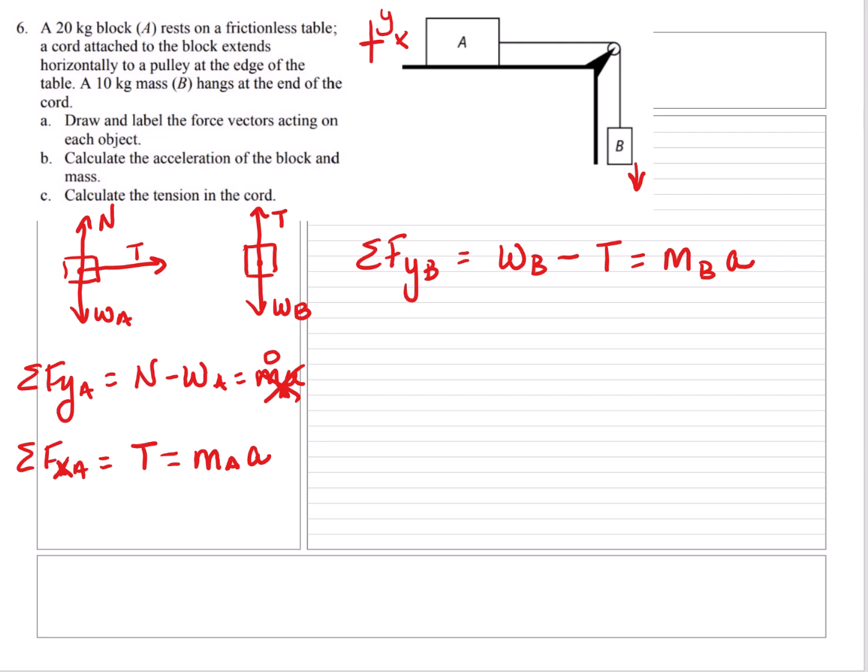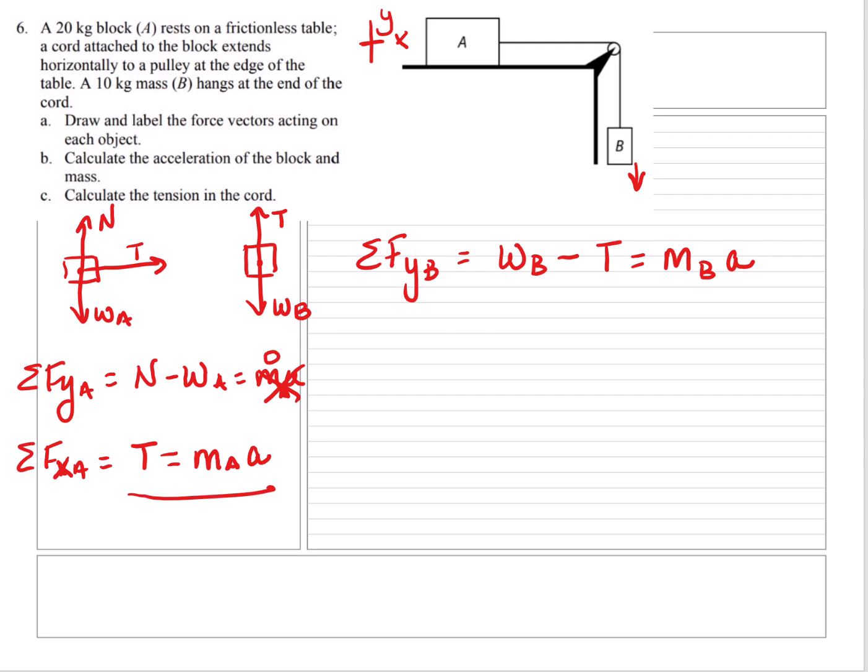And when we make weight positive, it accounts for the direction of the acceleration. Now this is two equations, two unknowns. Since it's one rope, the tension is the same, and since they're tied by one rope, the acceleration is the same.